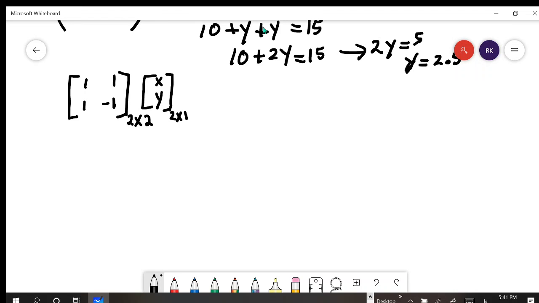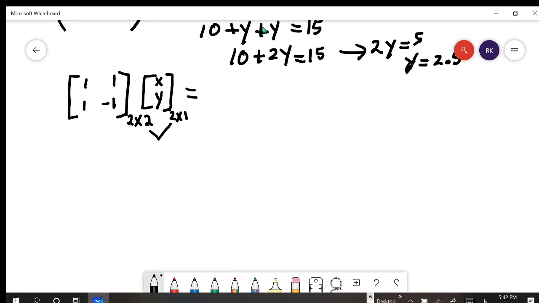Now, the way we multiply 2 matrices is by multiplying rows by columns. How? Well, let me first tell you what we get here. We can only multiply 2 matrices if these two are the same. Why? Because that's the number of columns of this one, and that's the number of rows of this one. And if you multiply row by column, then you have to have the same number of numbers.